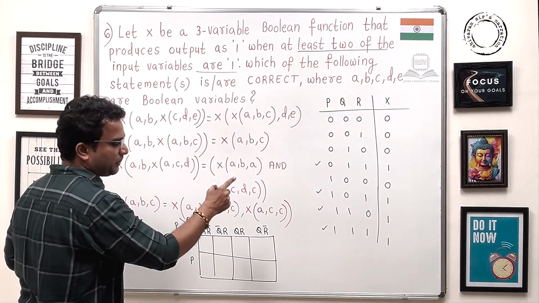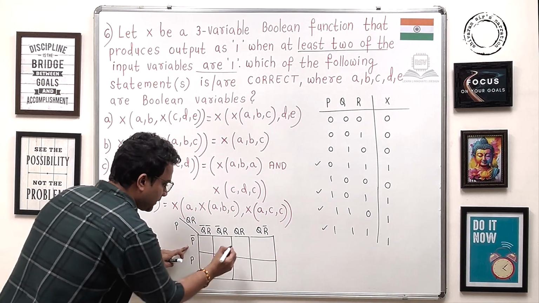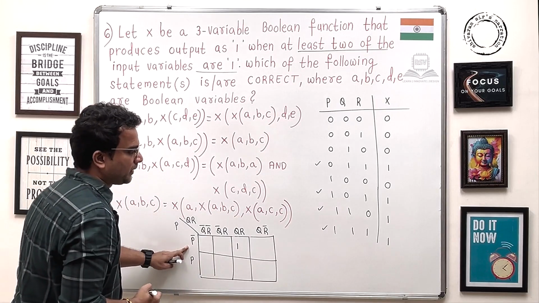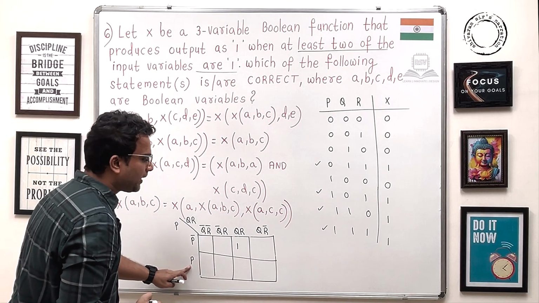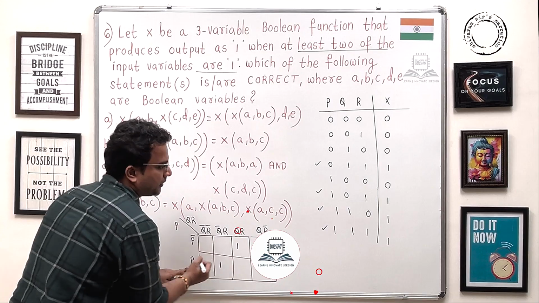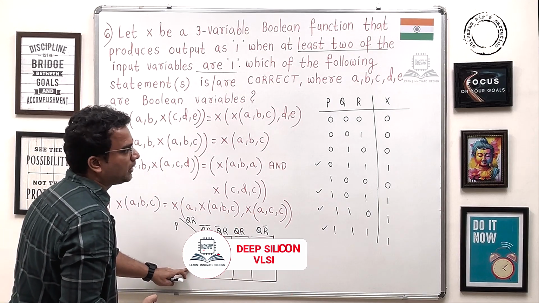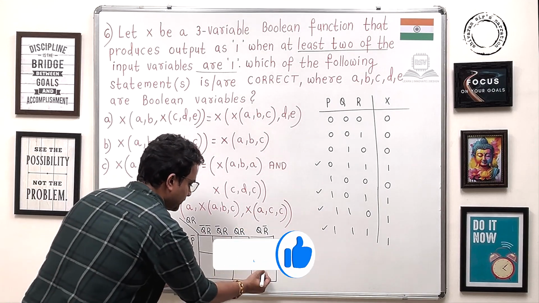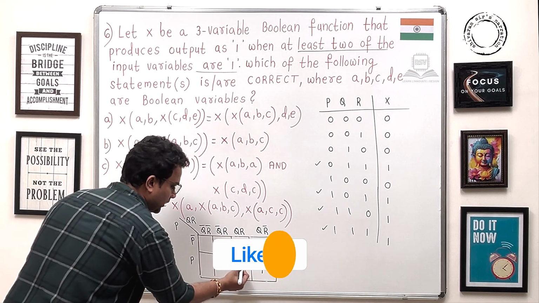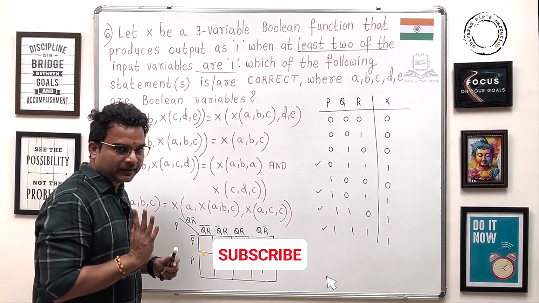P bar Q R, P Q bar R, P Q R bar, P Q R. This mapping is done.